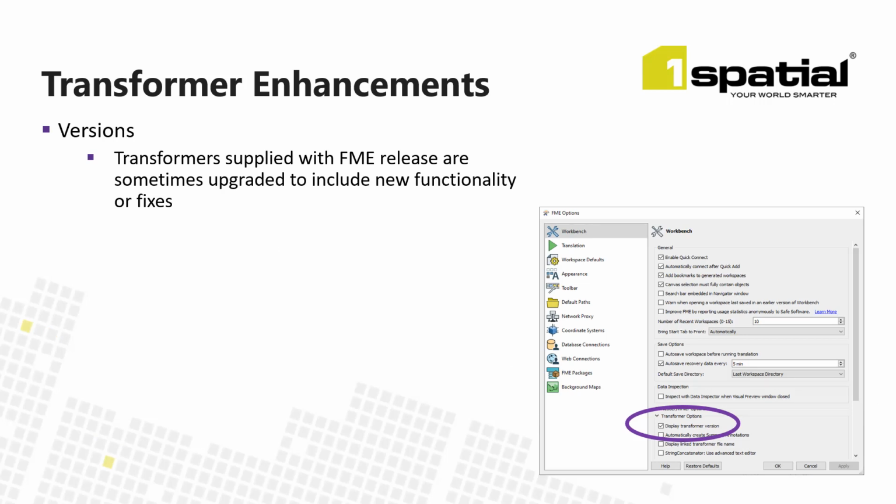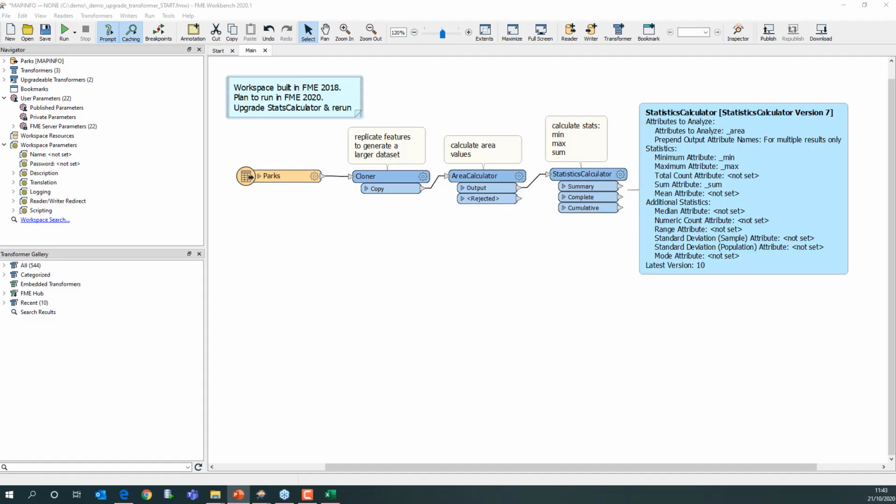Finish with this really. As I mentioned, with each release, some transformers will have been upgraded, and these get a new version number. To see that version number for transformers, you just need to toggle it on from the FME options dialog box. So you can see it here. It's off by default, so do go have a look at where that is.